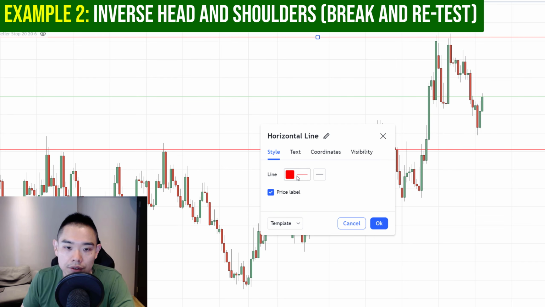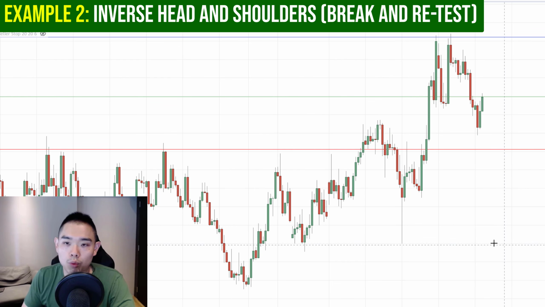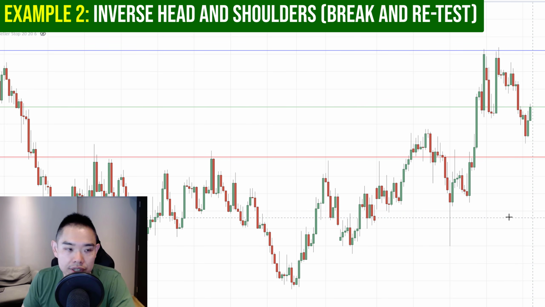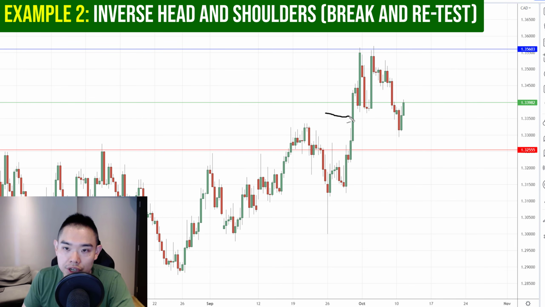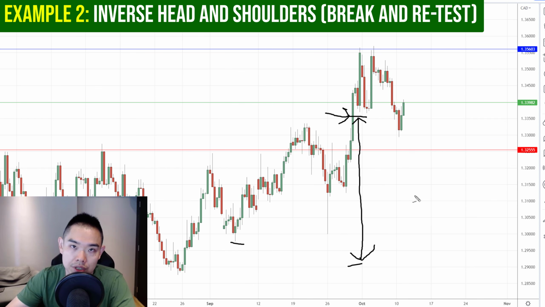Now, what's significant about this entry trigger is that when you trade this inverse head and shoulders pattern, you're no longer just buying the breakout of this neckline over here, and then setting your stop loss below the low of the right shoulder, let's say somewhere here. You can see that the size of your stop loss from here all the way down to here is pretty darn wide, if you were to just trade the inverse head and shoulders pattern as it is.